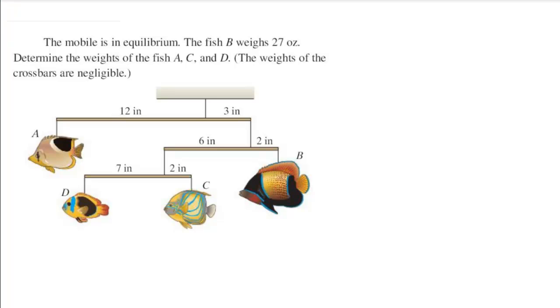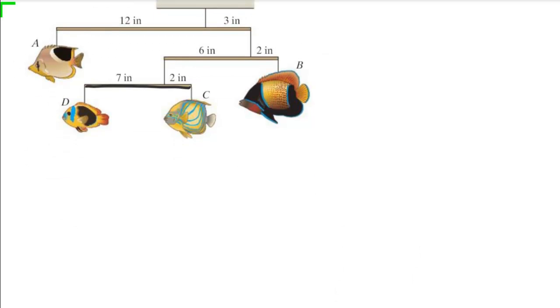So let's do a free body diagram of this lower bar here. Free body diagram of the bottom bar.